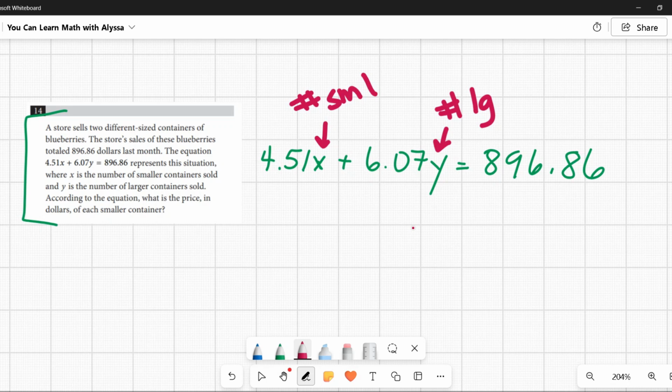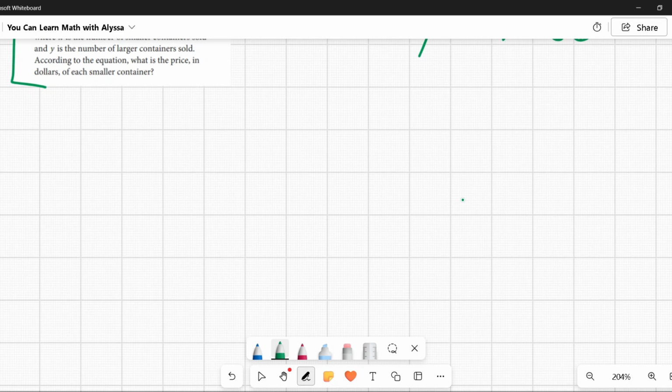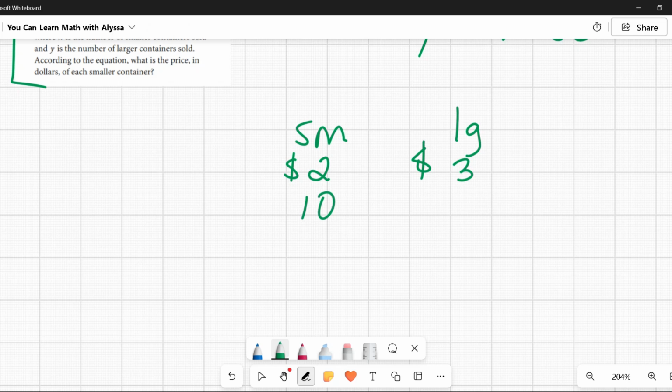All right, and I'm going to make my own equation. I'm not even going to look at this for a second. If I said I'm selling blueberries and I have a small and I have a large, and my small costs $2 and my large costs $3, and I sold 10 of the small and 20 of the large, how would I find out how much money I'd made?